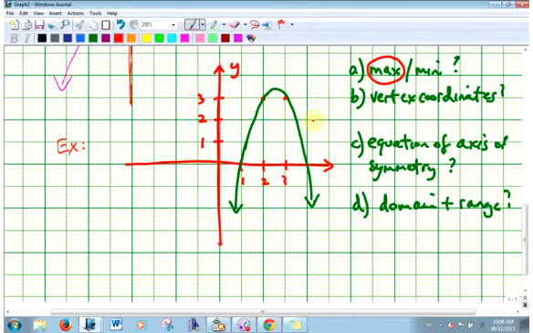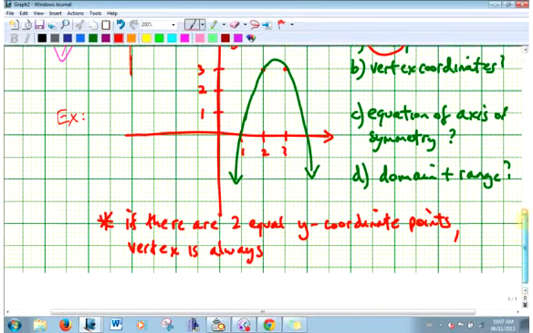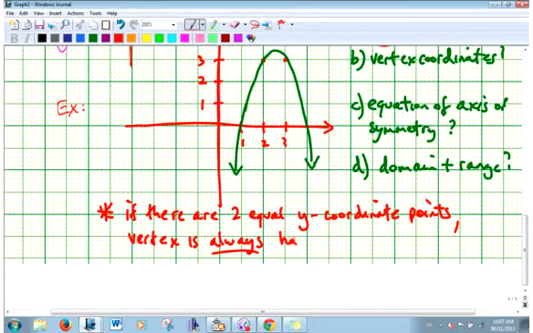So we're going to tell you that if there are two points with equal y coordinates, the vertex is always halfway between them.